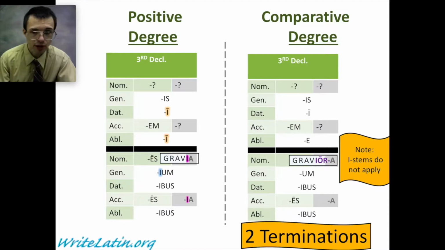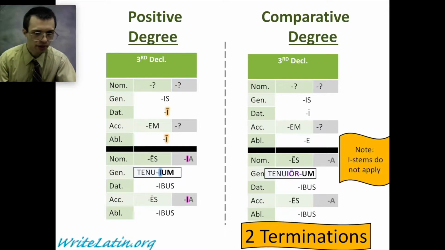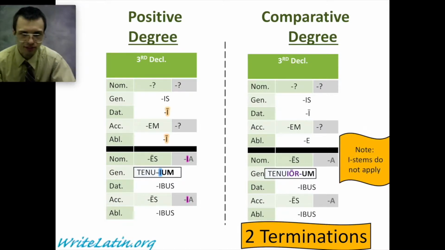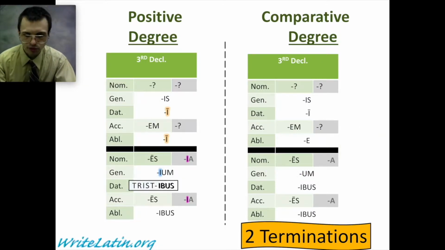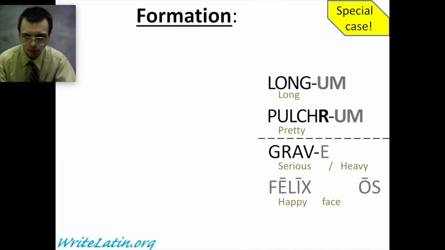Now notice it wasn't graviora with an IA. No, it's just A. And tenuium, there's another I stem, but it's not an I stem in the comparative. Tenuiorum, of the weaker, thinner ones. Okay. Tristibus, to or for the sad ones. Tristioribus, to or for the sadder ones.